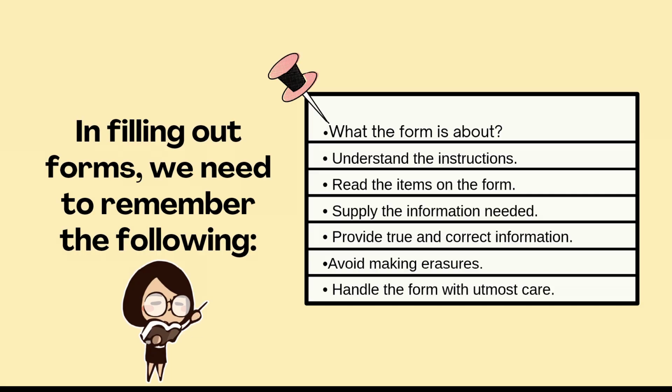Read the items on the form. And of course, you have to supply the information needed. Kung ano yung mga hinihinging impormasyon, kailangan mo itong sagutan. And you should provide true and correct information. Bakit kailangan nating isulat ang totoo o tamang impormasyon?